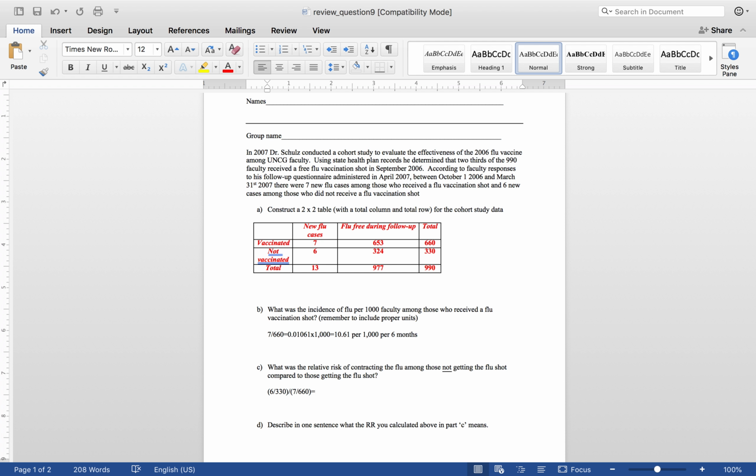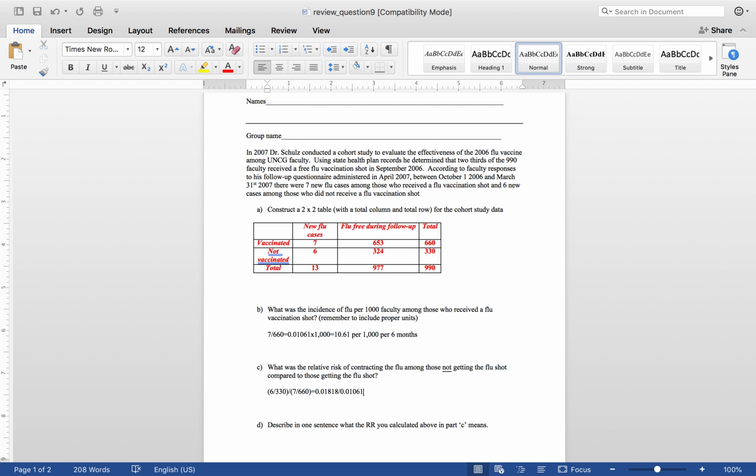And so let's calculate that out. 6 divided by 330 gives us 0.01818, and then we can divide that by the 7 divided by 660, which we've already calculated out, so the 0.01061.